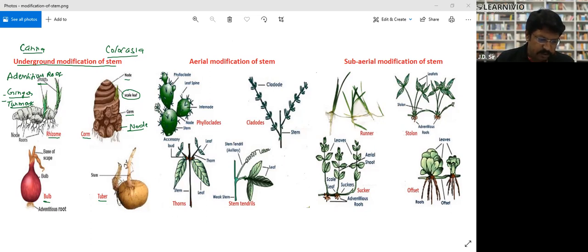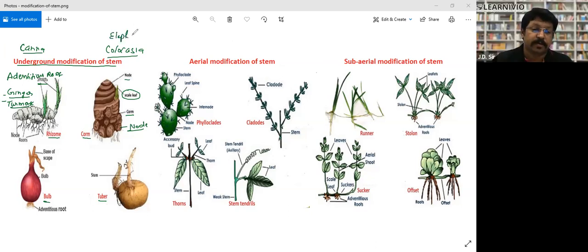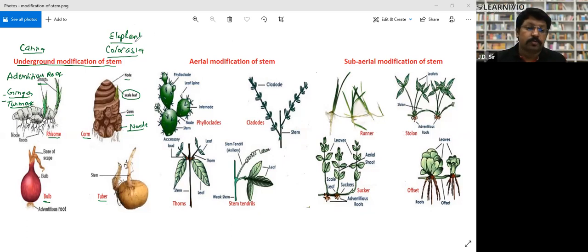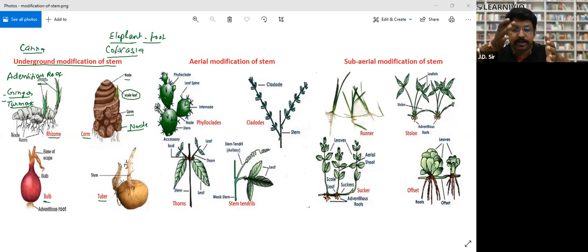And there is one more plant, elephant foot, called Jimicant. It's a larger plant, and they cut it and give it as a vegetable. So this is the example actually.